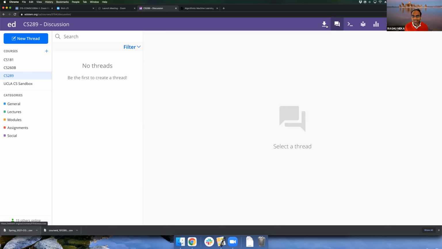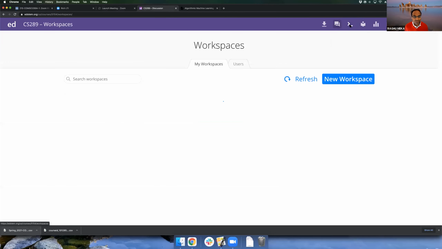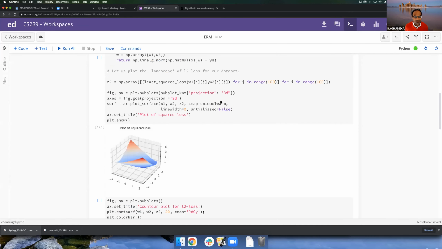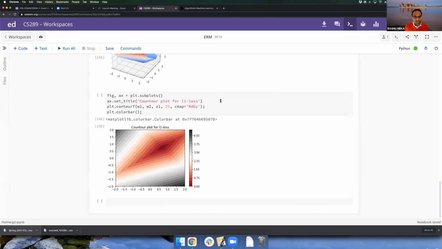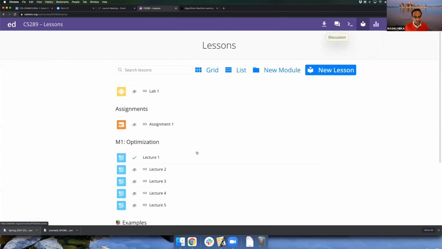If you go to the different sections here, one is discussion, which is where you'd ask your questions. The other is workspaces, where none of these things are public now, but you'll see some things for you to play with later on when the corresponding sections come. I'll release them as we need. I don't want to confuse you by releasing things too early.